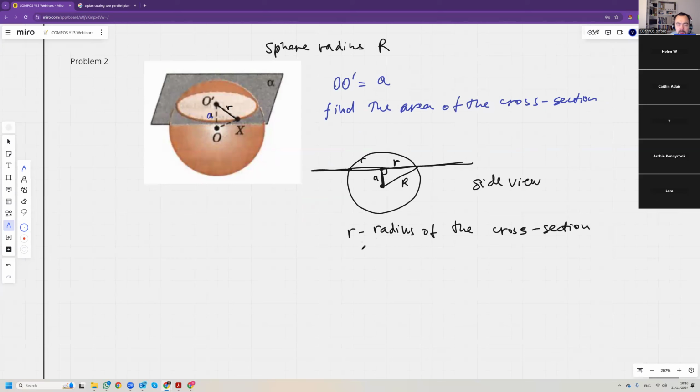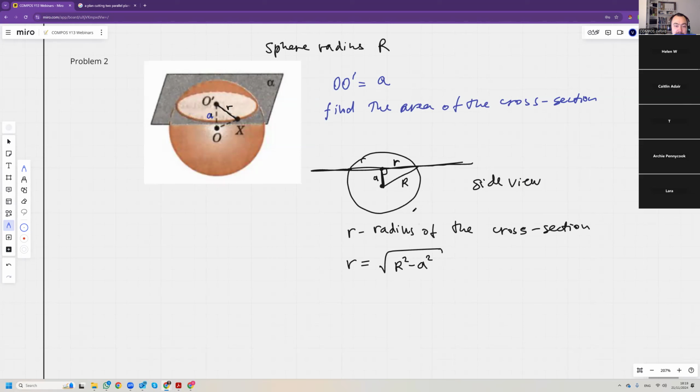Okay. Can somebody find an expression for r in terms of a and R capital? Very good. It is the square root of R squared minus a squared.